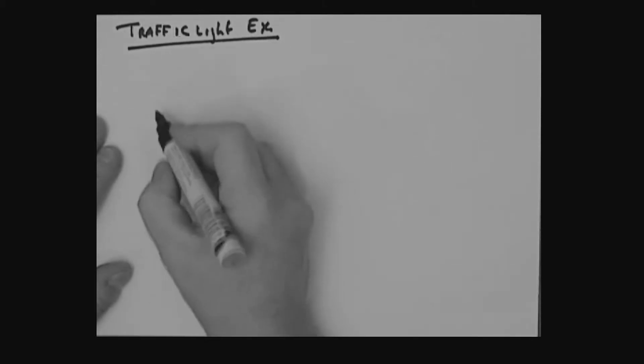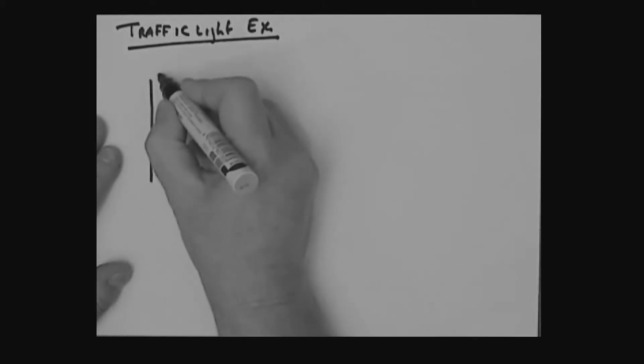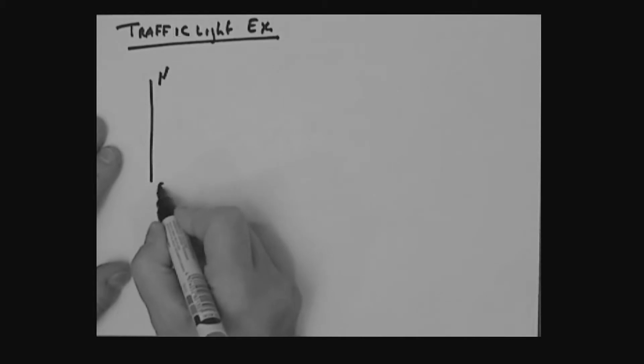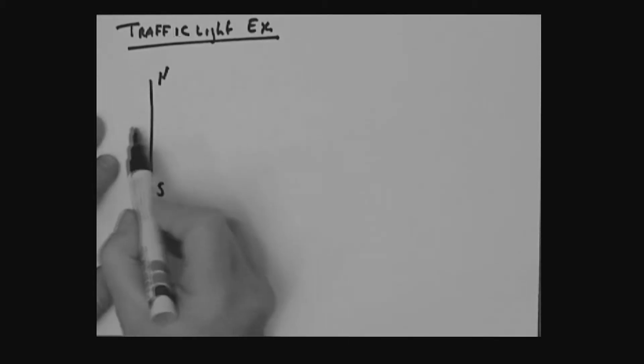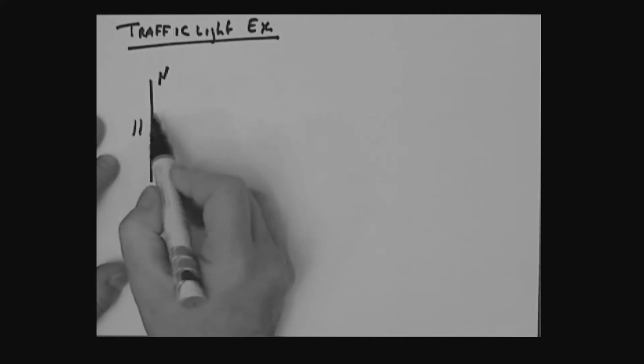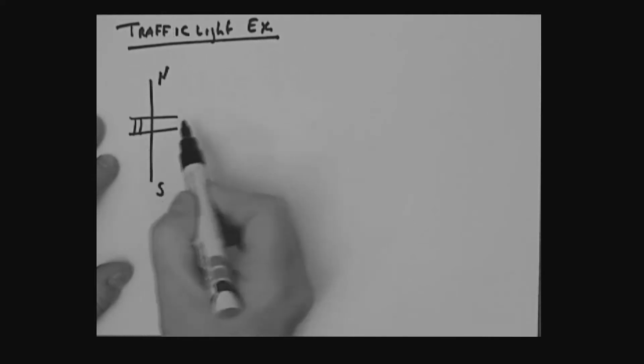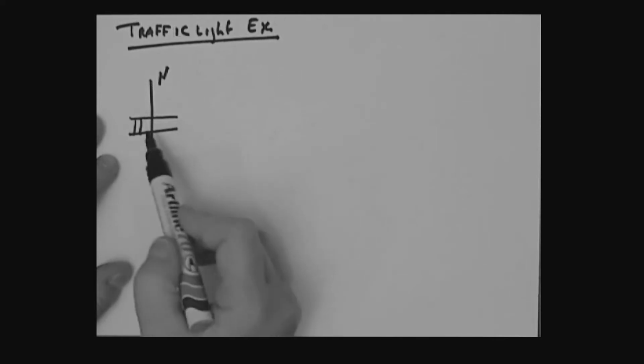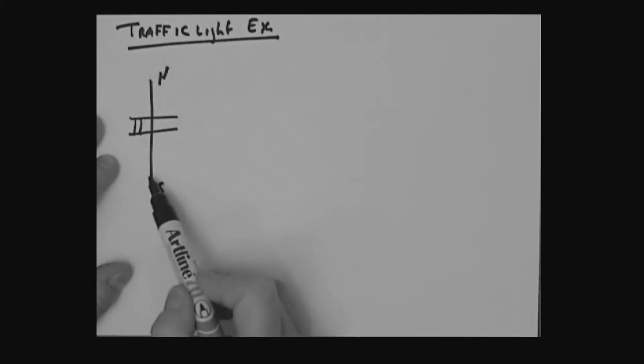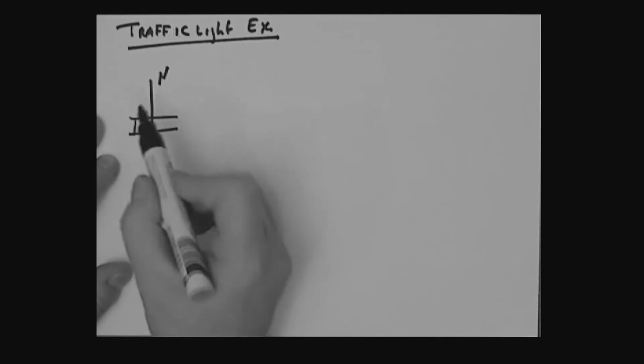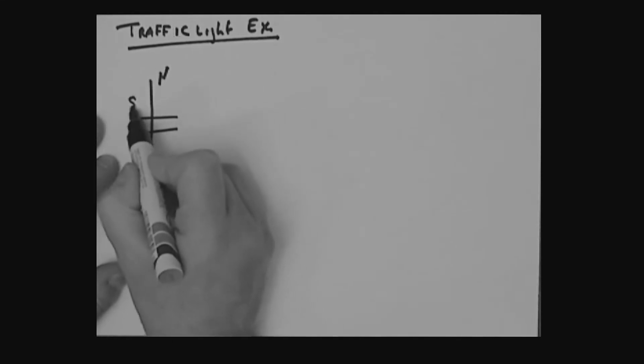Now let's look at this. Supposing my traffic light system is such that I have a road that goes in the north-south direction, and we have, let's say, a pedestrian crossing that will cross that road. Let's say what we have over here is some kind of switch.